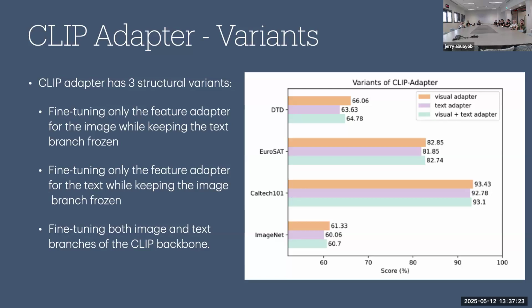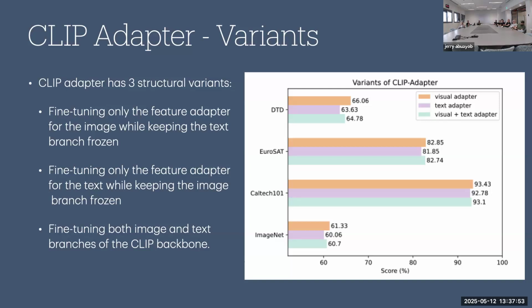So we can conclude that the text adapter and the visual adapter perform comparably, and both improve the classification accuracy over zero-shot CLIP. But adopting the visual adapter alone works much better than adopting both adapters or the text adapter alone.